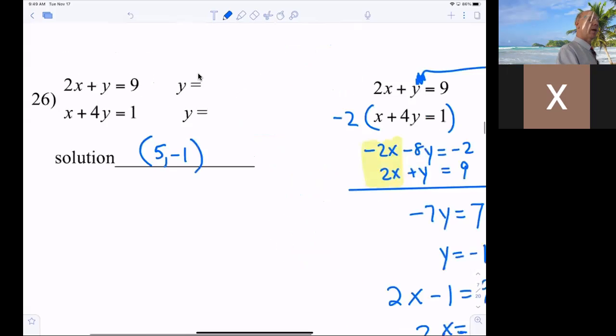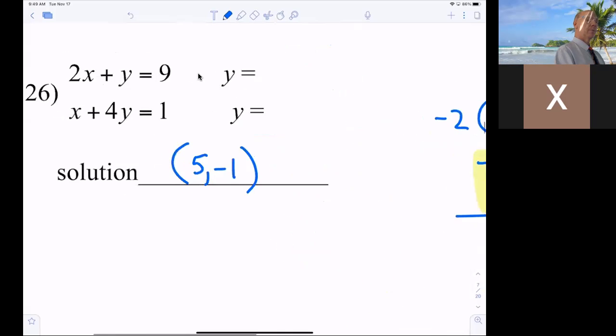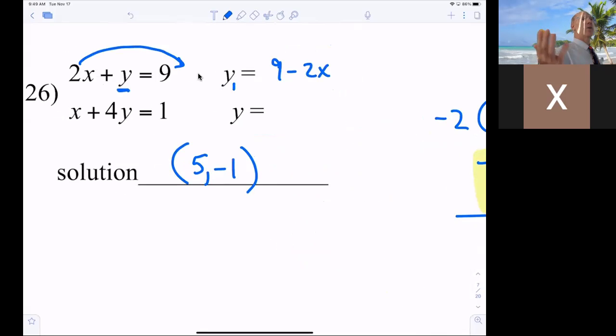Why do you think I put y equals here? We can do this so you can practice. So everybody put y1. Now, this is already right here, y, right? So I just have to move the 2x. So it's just 9 minus 2x. I don't need parentheses there because dividing by 1 is the same.